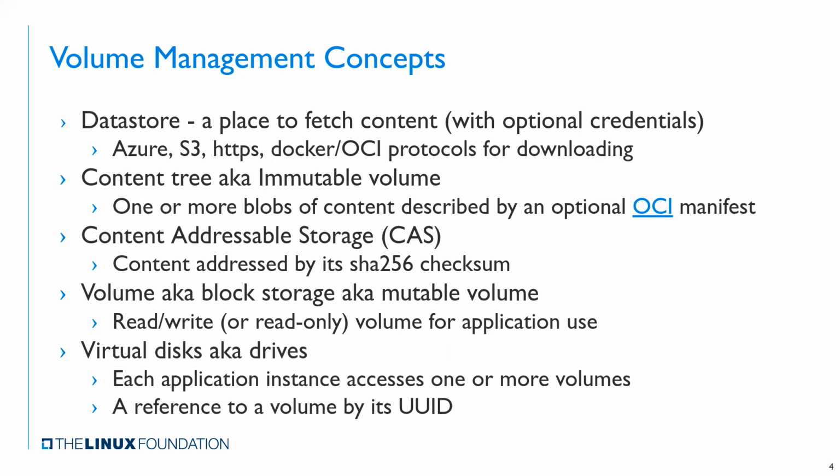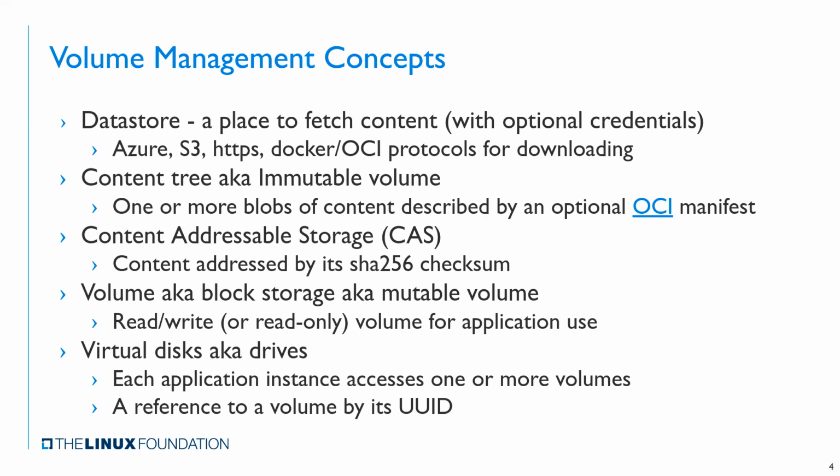We start with a data store, which is basically a place where you fetch the actual content, and it might have some credentials as part of that. Fundamentally, what you tell Eve, what you tell the controller, is metadata associated with that place. So it's like the URL, path name, where to go fetch things, and the credentials. And we support several different ones today.